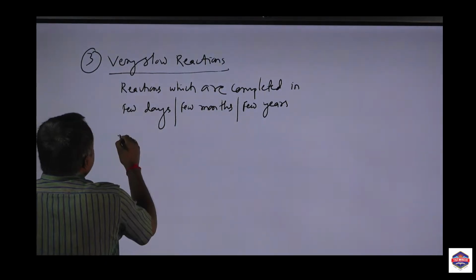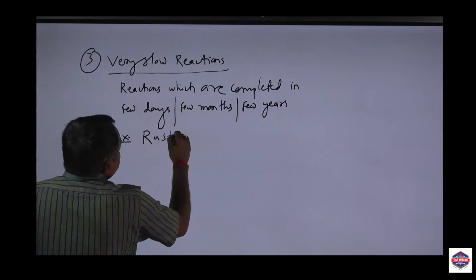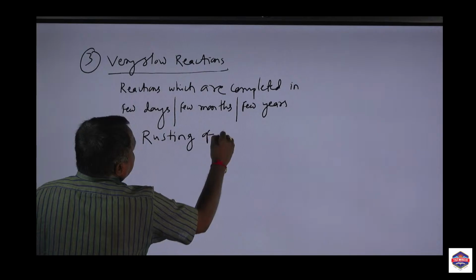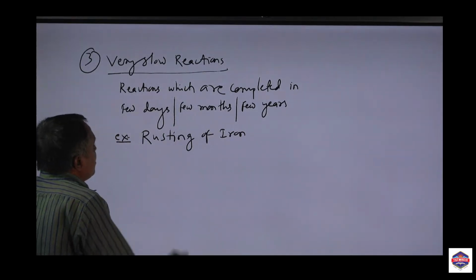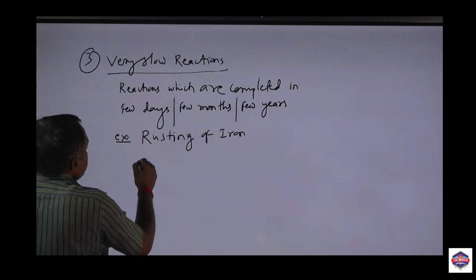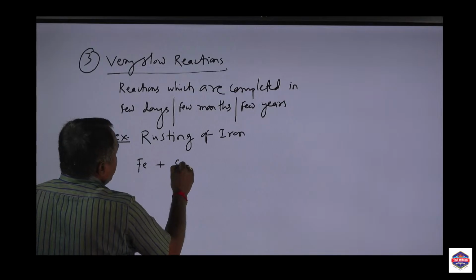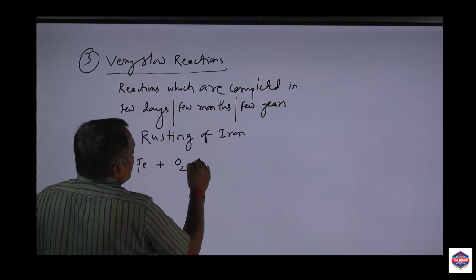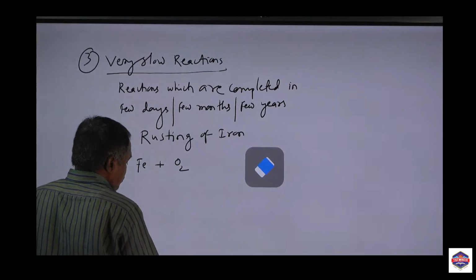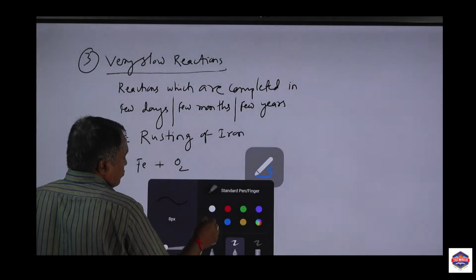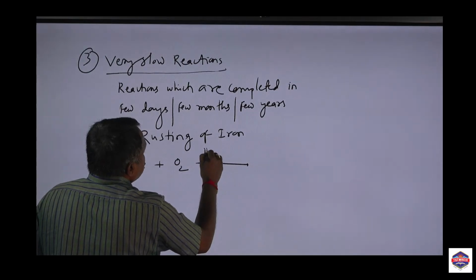For example, rusting of iron. Rusting of iron is an example of a very slow reaction. Rusting of iron means iron exposed to air and moisture. Air means O2 and moisture means water.